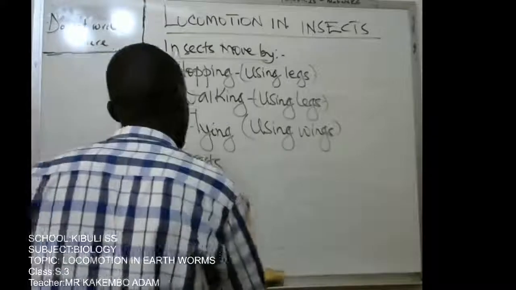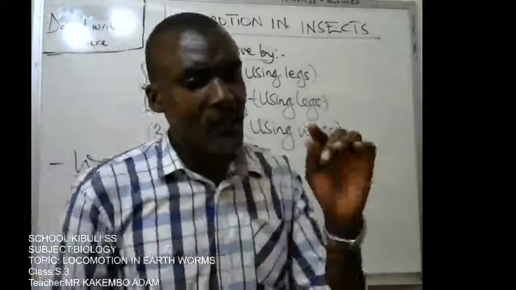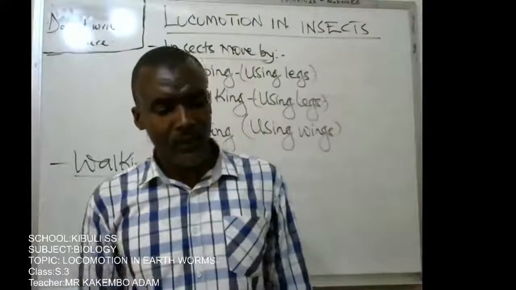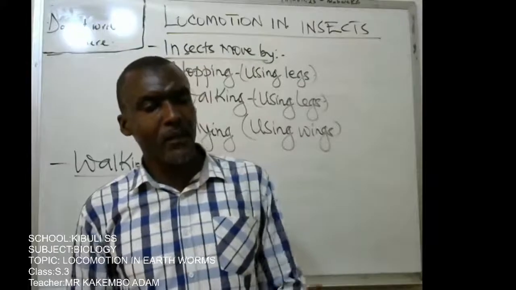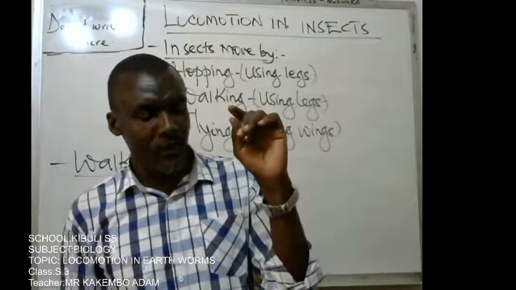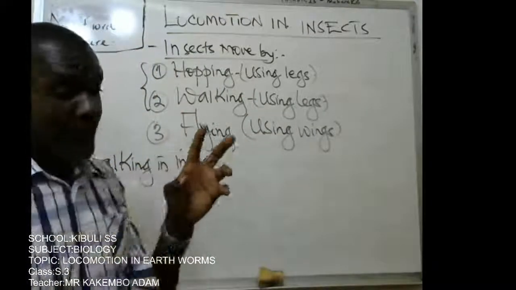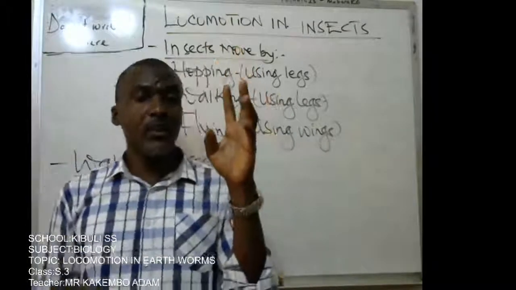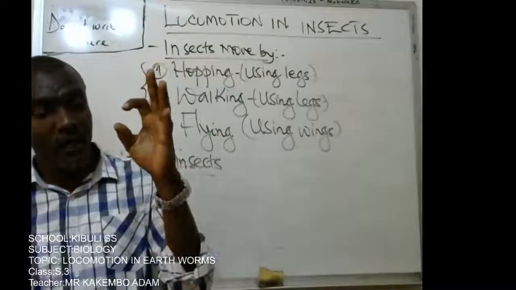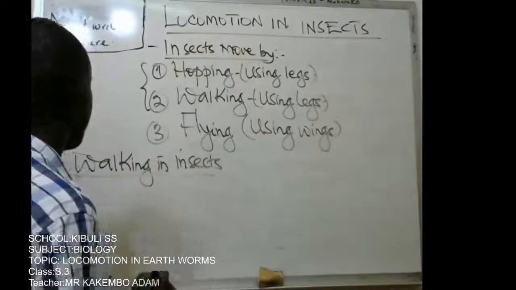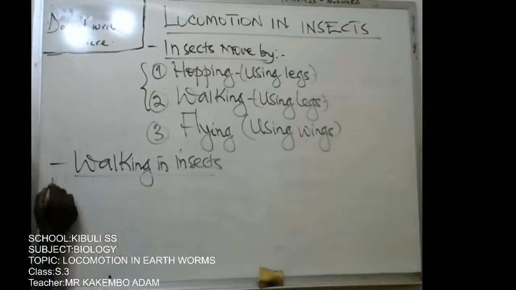Now the leg of an insect is our point of focus and interest. Most insects have 6 legs, or 3 pairs of walking legs.